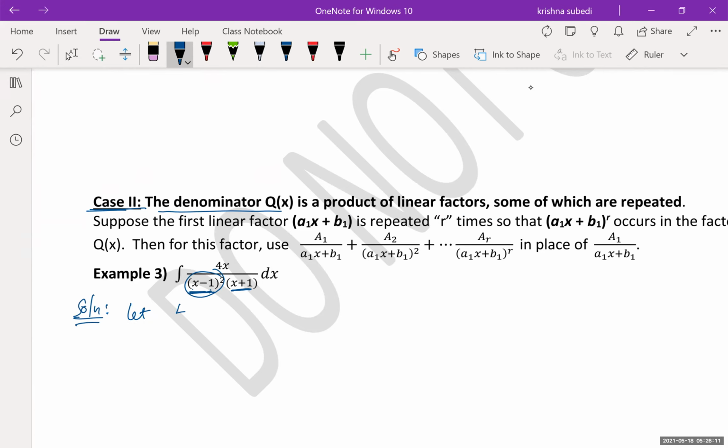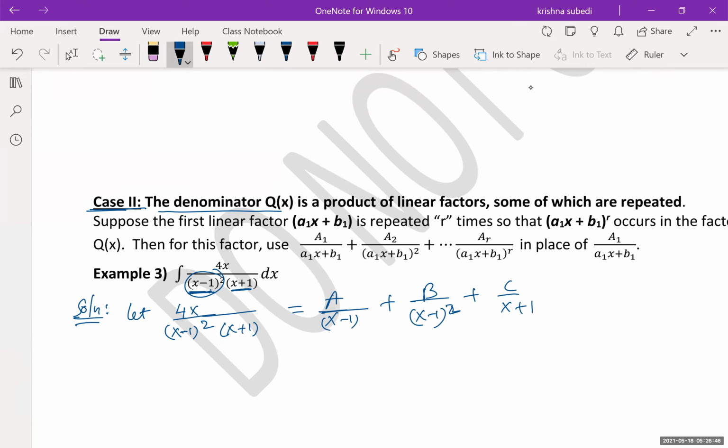Let us suppose that 4x over (x minus 1) squared and (x plus 1) equals, if the factors are linear but some of them are repeated, then this is what we're going to do. A over x minus 1, plus b over (x minus 1) squared, plus c over x plus 1.